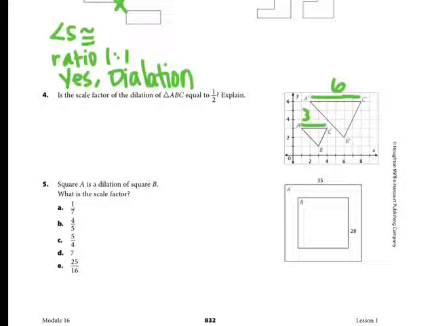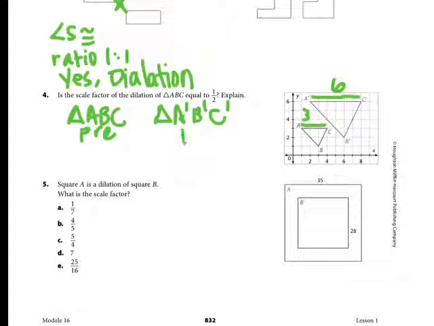And we want to find out if the scale factor of triangle ABC equals 1/2. So triangle ABC is my pre-image, and triangle A prime, B prime, C prime is my image. So this is what happened after we did our dilation. So we can see here that this is our original number, and this is our dilation. After the dilation happened, this is the bottom of the fraction.